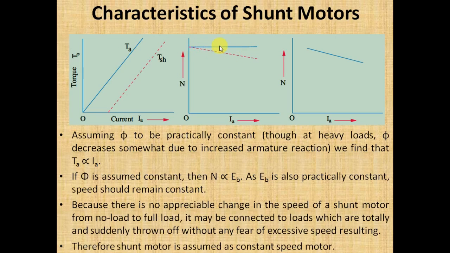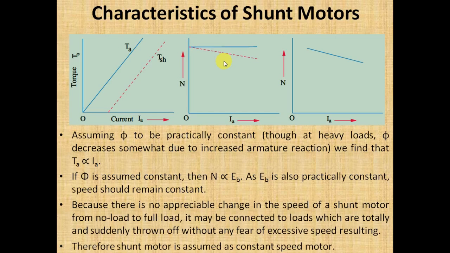The line shown here in the blue color indicates the ideal characteristics of a DC shunt motor, but the actual characteristics will be like this. Since as we are moving from light loads to heavy load condition there is no considerable change in speed, we can say this DC shunt motor can be used for constant speed applications.